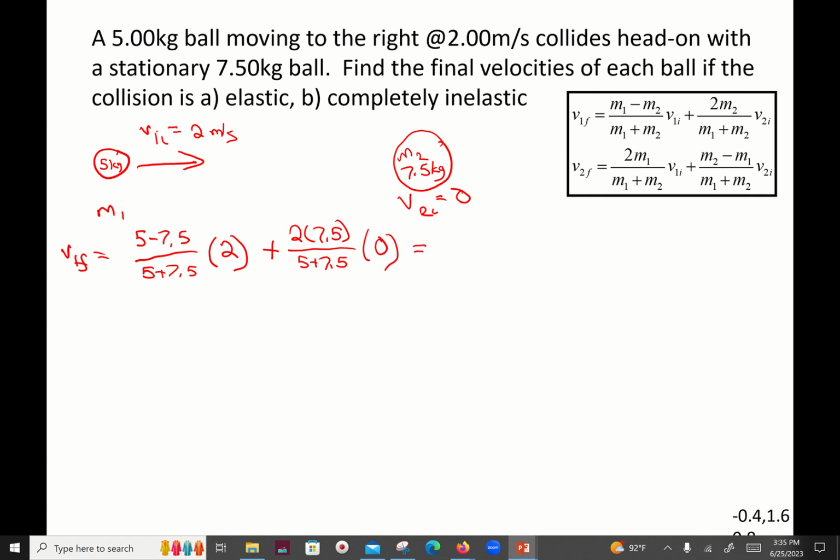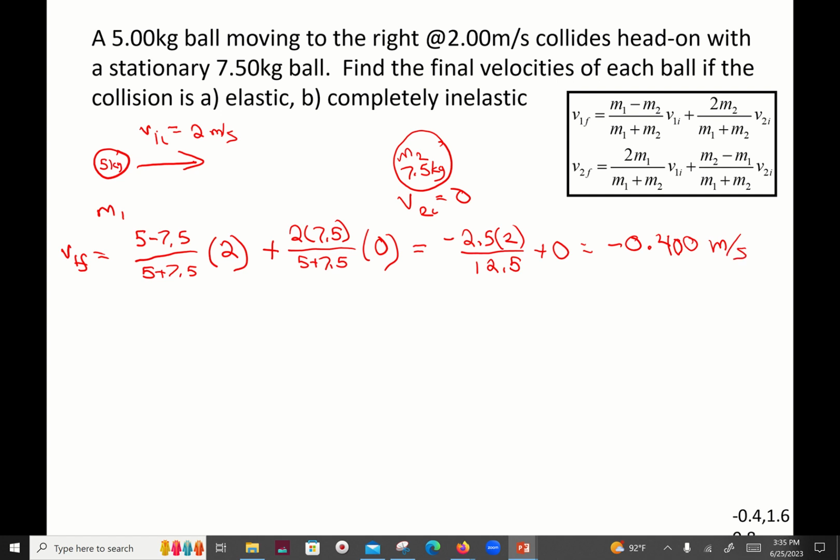So I get minus 2.5 times 2 over 12.5 plus 0. That gives me negative 0.4. I've got 3 significant figures, so I better put negative 0.400 meters per second.